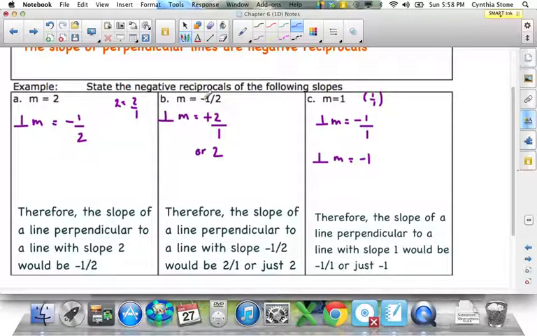In this case, if my slope was negative 1 over 2, I would turn it upside down and you change the sign, right? Make it from negative to positive. Okay? Which is just 2. This one, 1 is just 1 over 1, so it would be turn it upside down, whatever, and it's negative. Okay, and remember that sign there just means perpendicular.